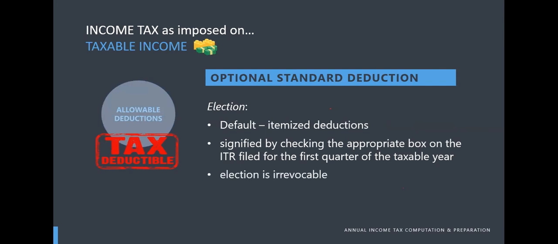Again, the election is irrevocable, similar to the election of the special tax rate of 8%. Even if you amend the first quarter of the taxable year, you can no longer change the method of deduction being used. So if you elect optional standard deduction in the first quarter, then you can no longer change it to itemized even if you amended it.